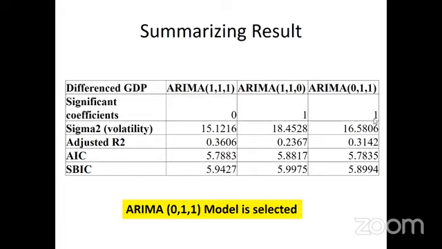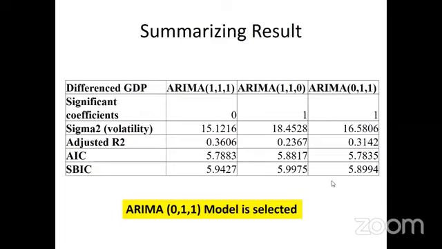Now let us see. If I think of this, one coefficient is important, sigma square is lowest, adjusted R square should be highest, right? This is not possible as there is no significant coefficient. This is possible. So out of these two models, this one is having high R square, low volatility, low AIC, low SBIC, and this model has won the race.